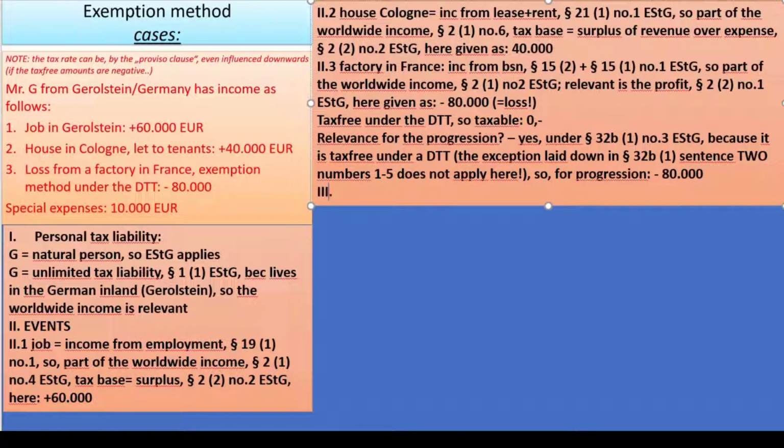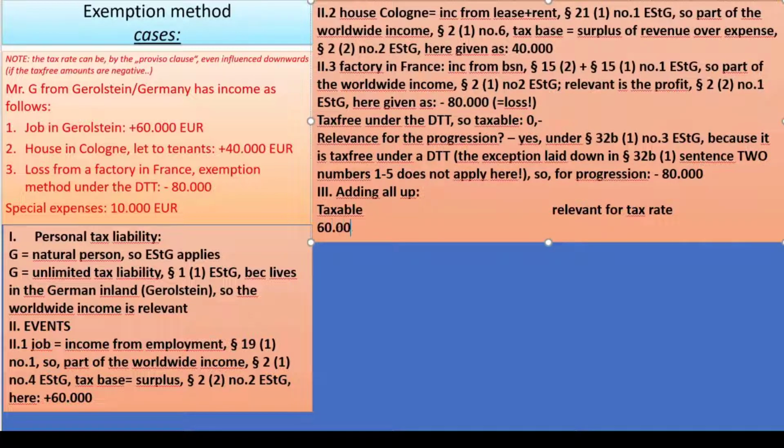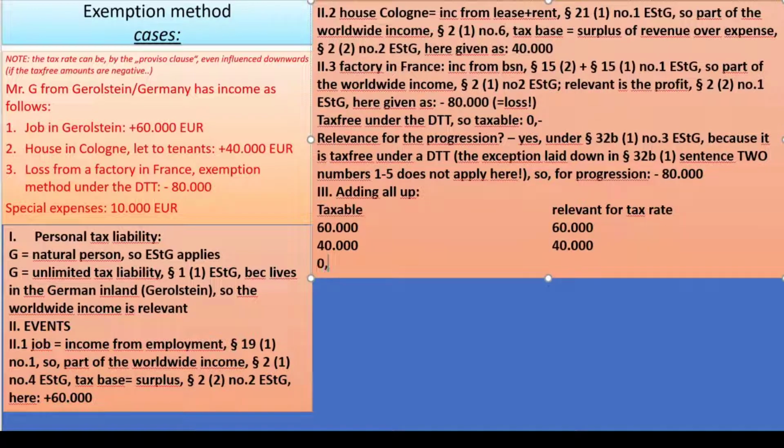Now, number 3, adding all up. We have taxable and we have relevant for tax rate. So for the progression, taxable is 60,000 and relevant is 60,000, 40,000, and relevant is 40,000. Then we have the factory 0 and relevant for the tax rate minus 80,000.